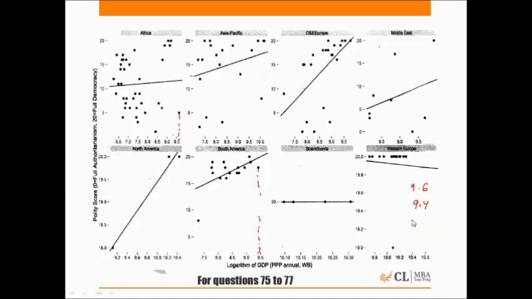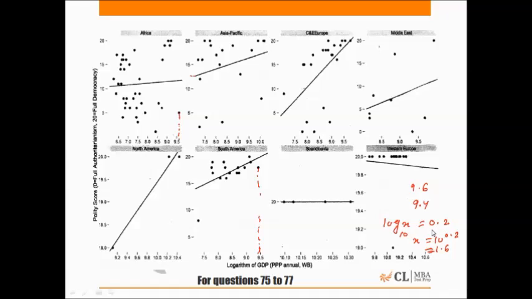This is 9.4. So the difference between the GDP in terms of log of these two regions is 0.2. So if the difference is considered x, then log x is 0.2. From here, the value of x is 10 raised to power 0.2, which is approximately equal to 1.6.